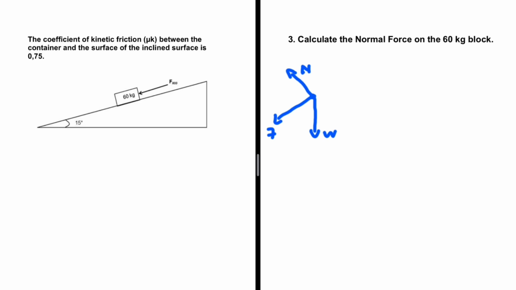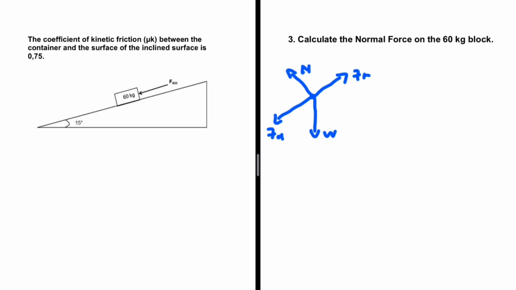And then if force applied is down the incline, then the frictional force should be up the incline. That is not necessarily true, but in our case, it is true because force applied is down the incline and we have the parallel component of the weight also down the incline. So there is no miracle that can happen. That object is going down the incline. So here we have frictional force. This is force applied.